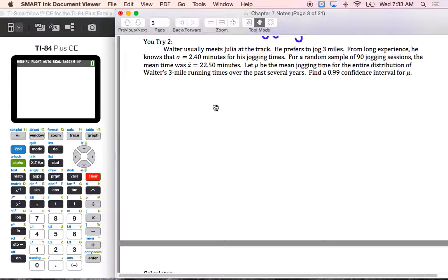For a random sample of 90 jogging sessions, the mean time was x bar equals 22.50 minutes. Let mu be the mean jogging time for the entire distribution of Walter's 3-mile running times over the past several years. Find a 0.99 confidence interval for mu. So again, pause the video, see what you can do on your own, and then come back with me.